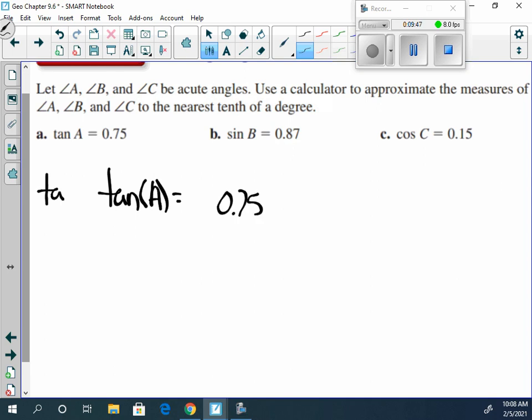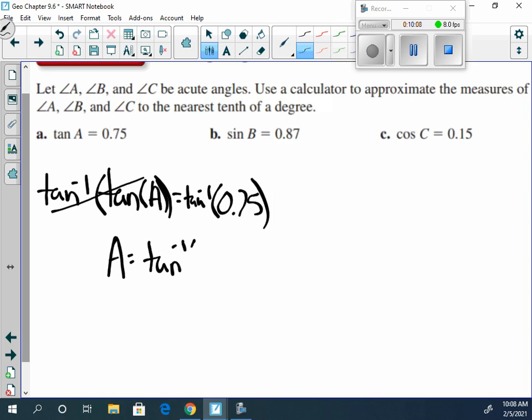Well, I can take tangent inverse of tangent of A, and tangent inverse of 0.75, because we know that tangent inverse and tangent of A will undo each other. They will cancel each other out and leave us with just angle A. But on the other side, I have tangent inverse of 0.75, because what I do to one thing, I have to do to the other.